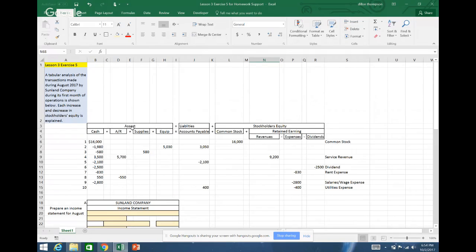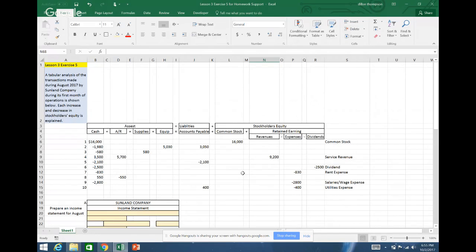I listed it out with our equation of assets equals liabilities plus stockholders' equity, and broke it down into each different balance under asset, the current assets, long-term, and plant and equipment. Liabilities have accounts payable. Stockholders' equity consists of common stock and retained earnings, and under retained earnings, of course, it is revenues minus expenses minus dividends.